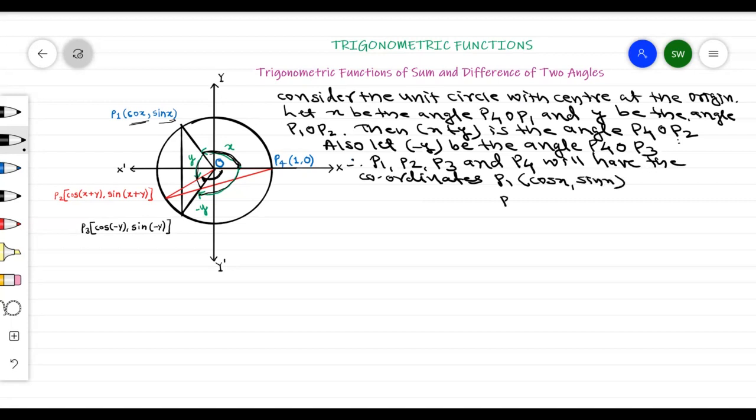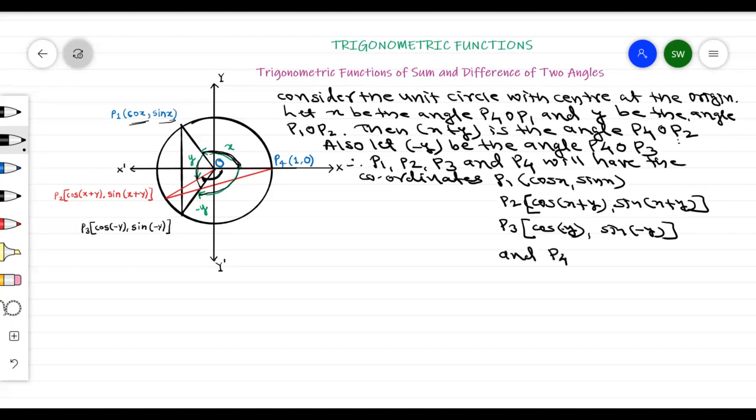P2 will be cos of x plus y and sin of x plus y. P3 will be cos of minus y and sin of minus y, because this is of minus y radian angle. And P4 is 1, 0, as it is a unit circle.